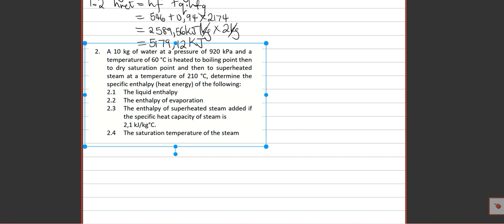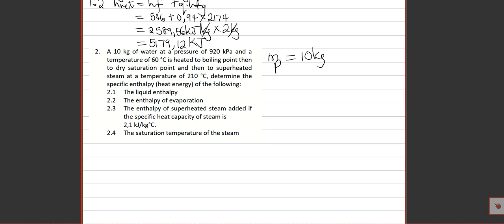Sharp. So let's see, they gave us a mass of 10 kg of water at a given pressure of 920 kilopascal, and a temperature of 60 degrees Celsius.